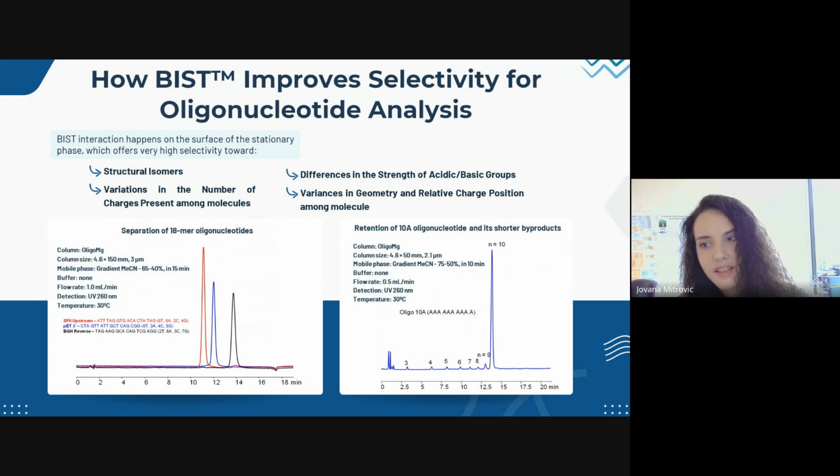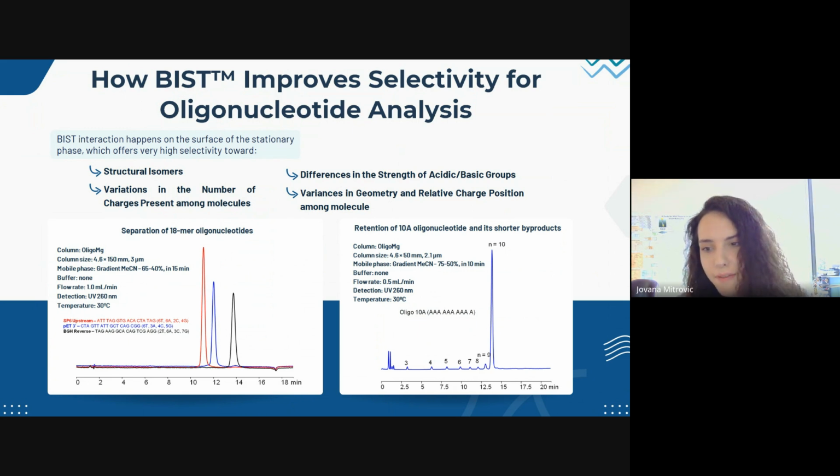BIST-based interactions happen directly on the surface of the stationary phase via the ionic bridges. Because of the surface-level, highly localized interaction, the system becomes extremely sensitive to subtle variations in structure and properties of the analyte. This opens the door to a much more refined level of discrimination.